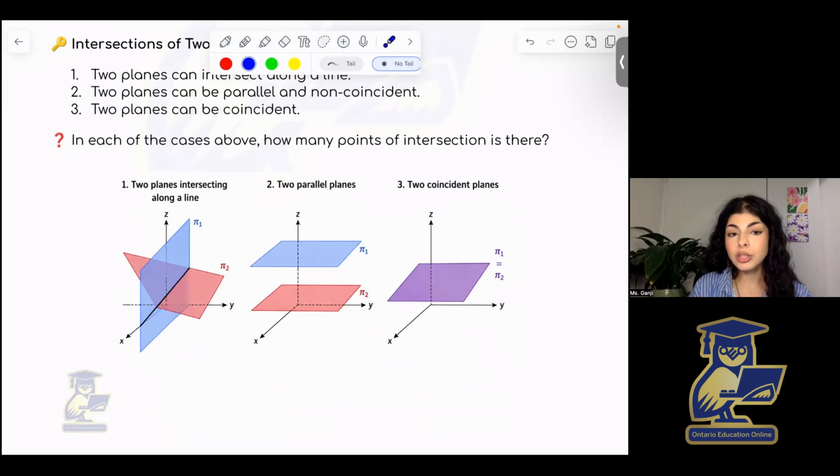So really, you actually have infinitely many points of intersection in this case. And same with here. When they are the same plane, any point on one plane is a point on the other plane. So you will also have an infinite number of points of intersection or solutions here as well.